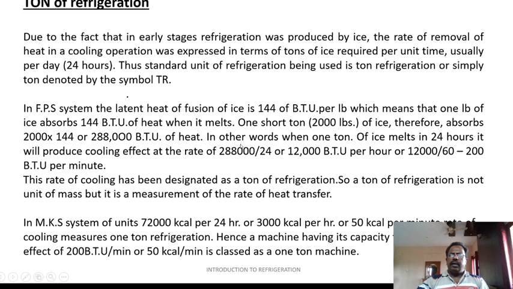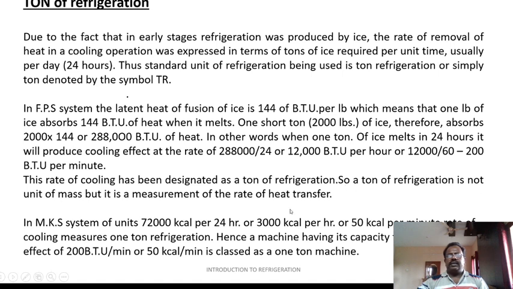In other words, when 1 ton of ice melts in 24 hours, it will produce a cooling effect of the rate 288,000 divided by 24 or 12,000 BTU per hour, or 12,000 per 60 is equal to 200 BTU per minute. Thus, this rate of cooling has been designated as a ton of refrigeration.